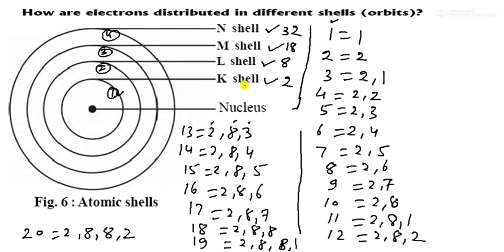Always remember, the K shell has a maximum of 2 electrons, the L shell a maximum of 8, the M shell a maximum of 18, and the N shell a maximum of 32. Whenever any shell is filled, the electrons go into the next orbit.